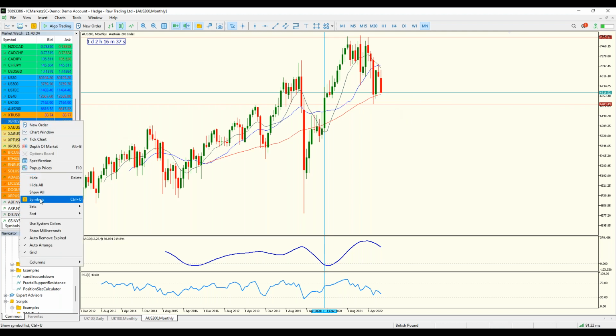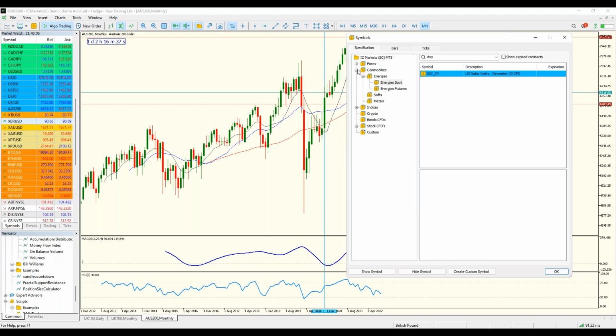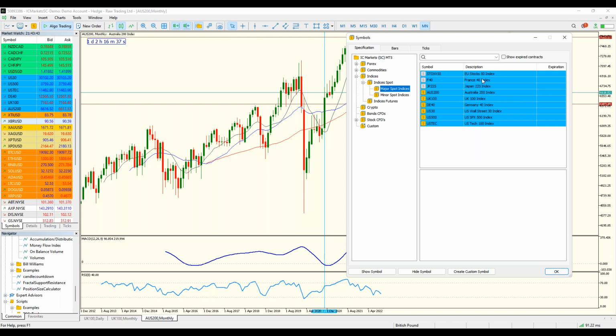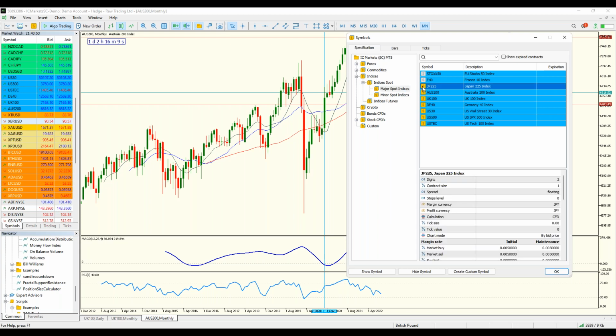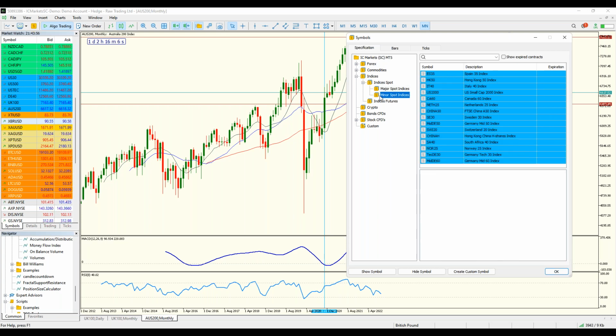Let's go and have a look at some of these other indices as well. I normally follow the DAX. It's the biggest one. It's 10 times as big as the UK one. It's free, so I usually follow that. So I don't really subscribe to the EU one or the French CAC. We're going to have a look at the Nikkei as well, and then some of these others here.